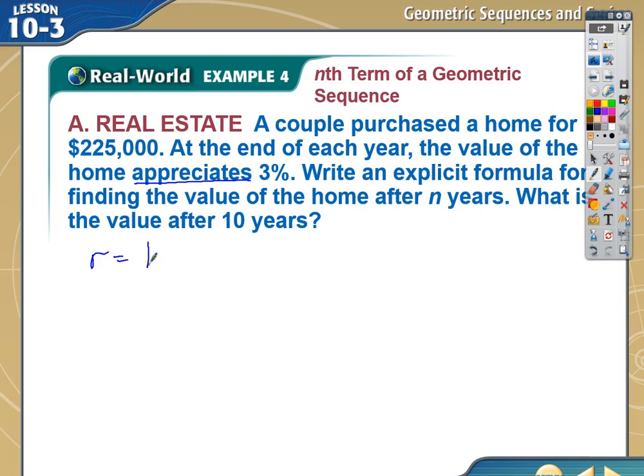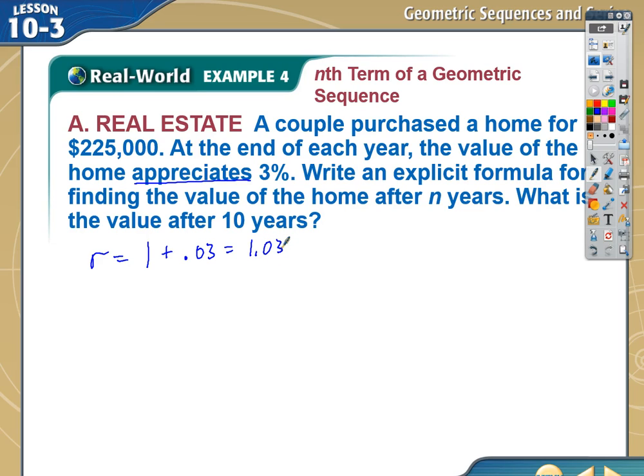Appreciating means I'm adding, so I add 3%. How do I change percent into a decimal? I add 0.03, which means 1.03 is my R value.